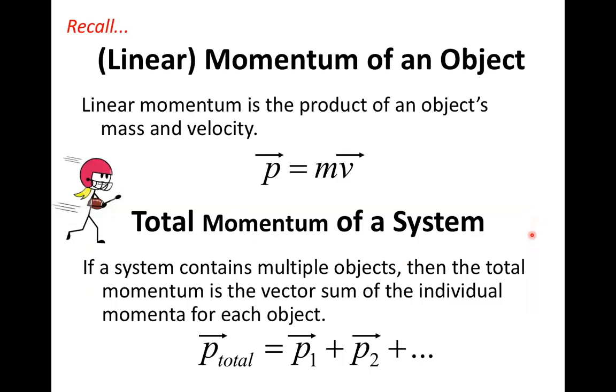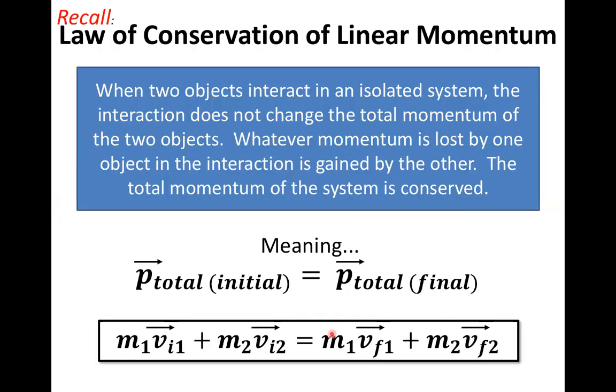In this chapter so far, we have learned that momentum is the product of an object's mass and velocity, and that it's a vector quantity in units of kilograms meters per second. We can find the total momentum of a system by doing the vector sum of the momentum of each object in the system.